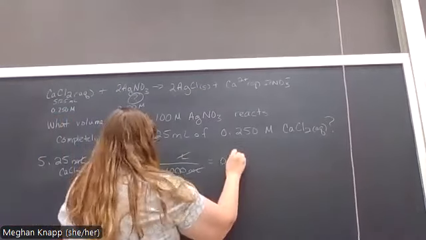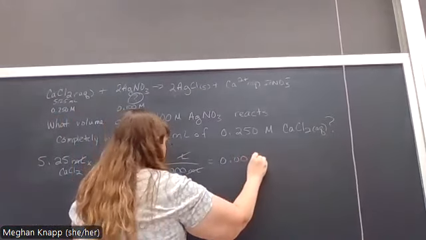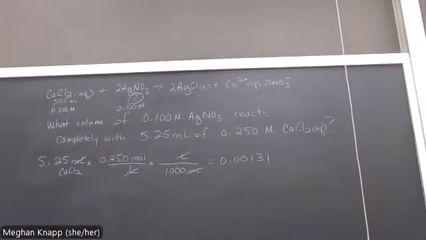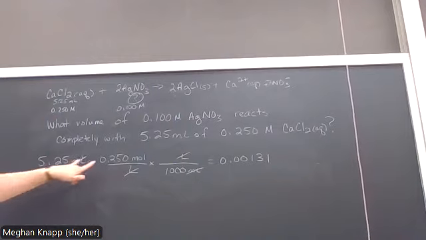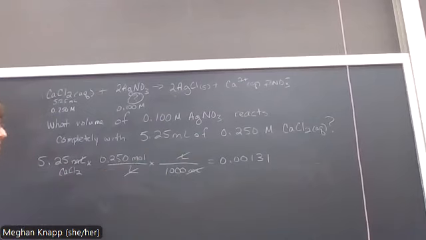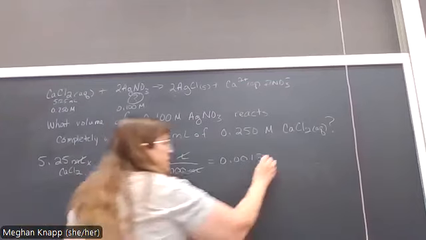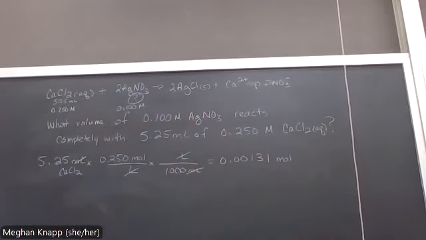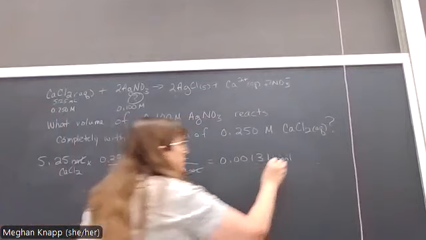And this is 0.00131. Is that appropriate sig figs? Yeah, I have 3 here, 3 here, and this is infinite sig figs because it's a conversion within the metric system. Okay, my units here are moles. Have I switched chemicals yet? No, I'm still on calcium chloride.